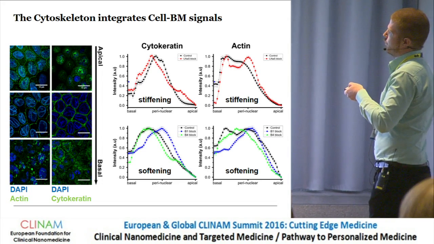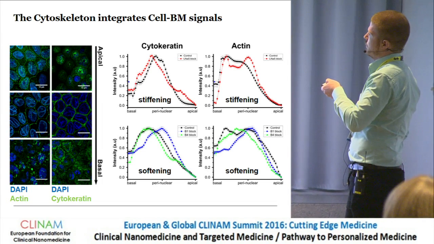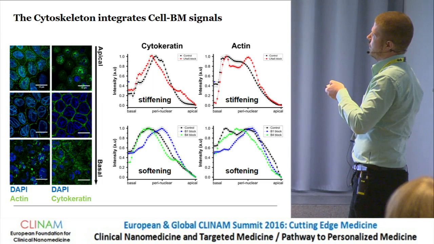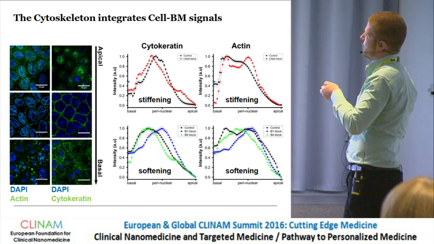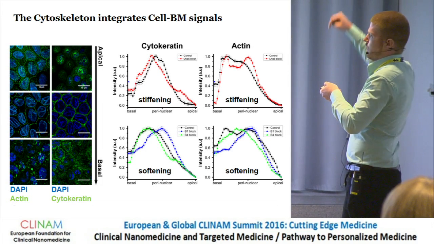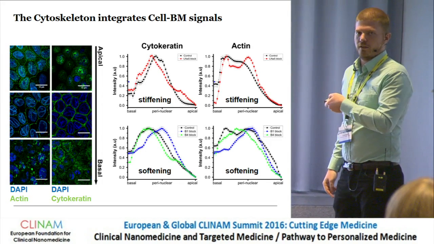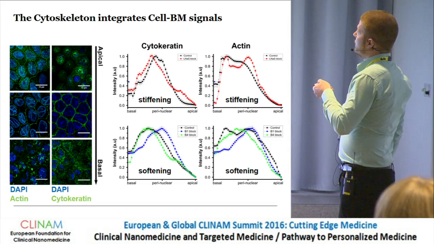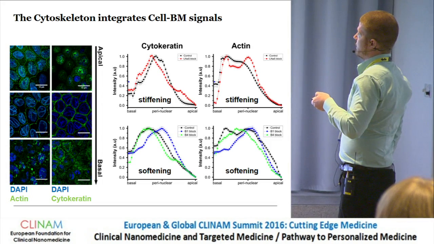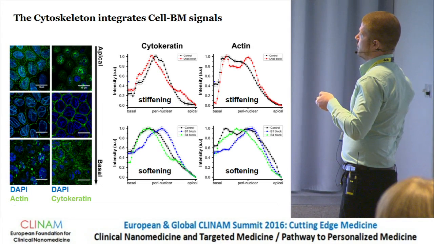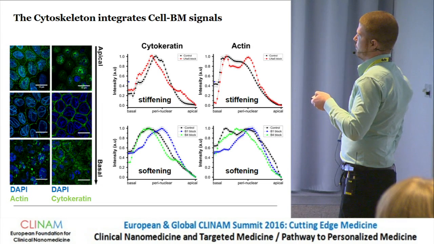And we see that if you block the laminin and cells are stiffening, you see here more cytoskeletal components at the apical site, so at the top end of the cell, where you're actually indenting with the AFM. And also the actin assembles, whereas when you block the integrins, the cells get softer, and you see a shift to the softer part.